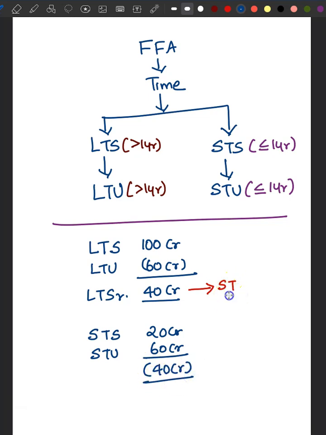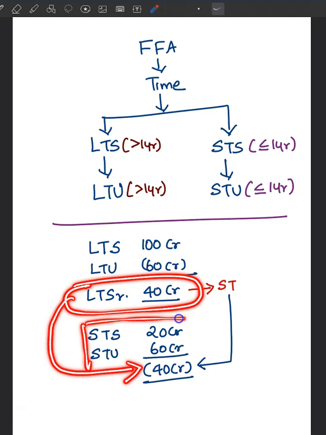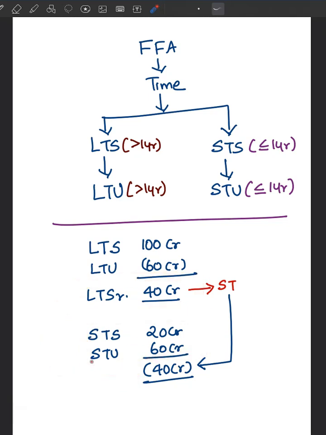Now, this surplus can be used for funding the shortage. So this long-term source surplus is now used for supporting the short-term requirement, and that is considered a healthy sign. The only condition is this 40 crore should not have been tied up for any other long-term purpose requirements.